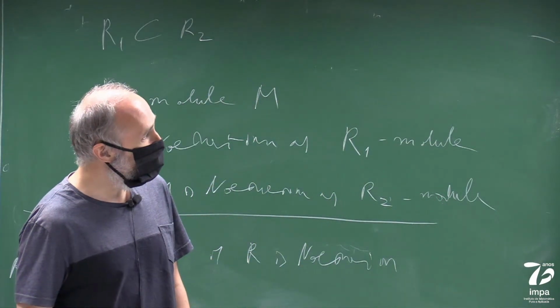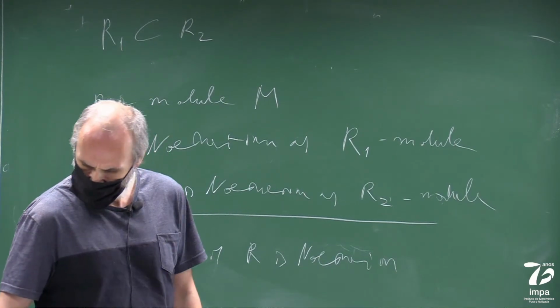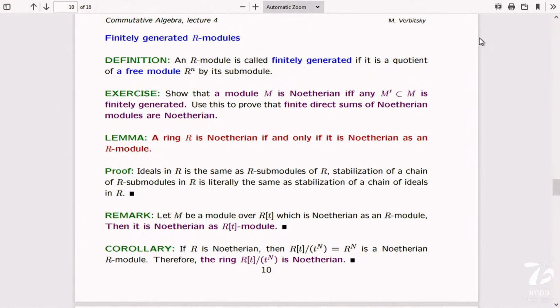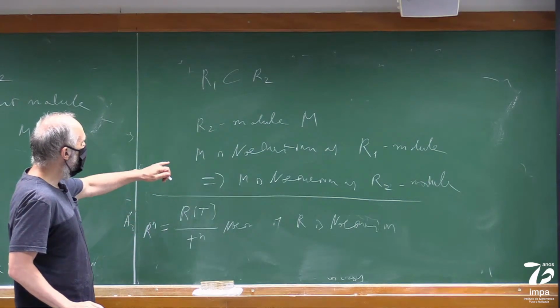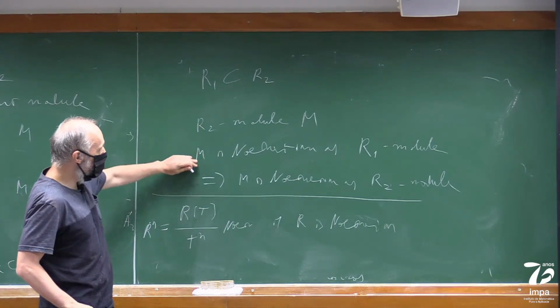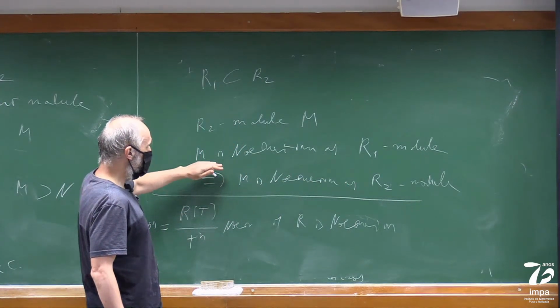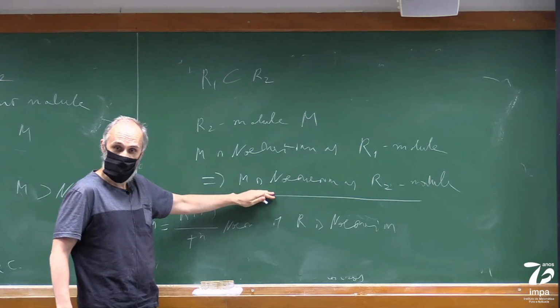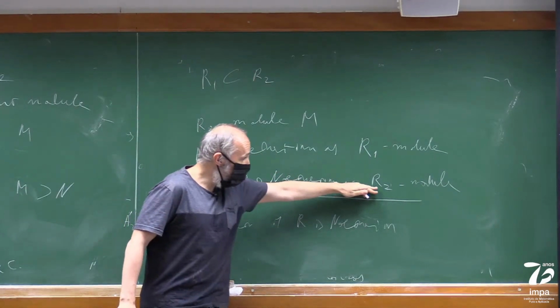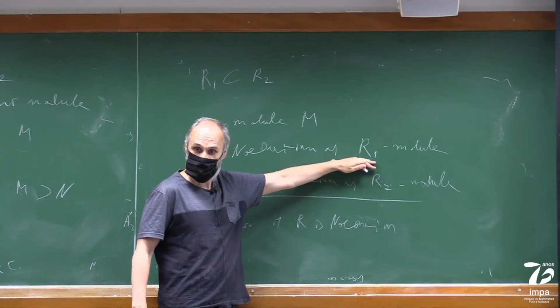So now I'm almost ready to start the proof. Yeah, and you have an R2 module. You consider it as an R1 module. If it is Noetherian as an R1 module for the smaller ring, it's Noetherian for the bigger ring, because every chain of submodules over the bigger ring will also be a chain of submodules over the smaller ring.